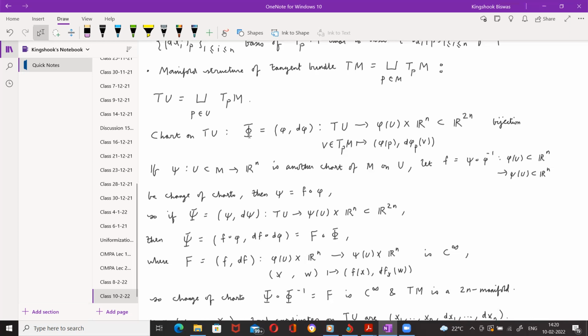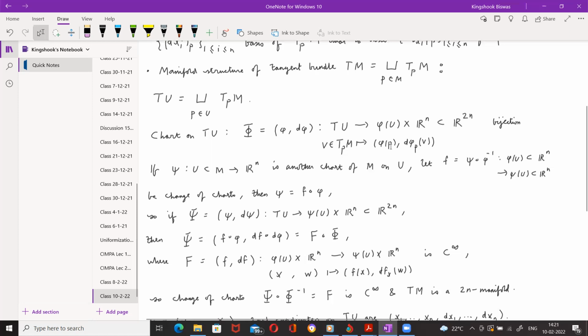So any vector V in TM belongs to some TPM, and P belongs to some chart U. So I have some chart little phi, which gives me a map capital Phi. Now, capital Phi maps TU to an open set in R2n. So what I will say is, I look at the image of V under capital Phi, that is phi P comma d phi P V. Now I take this point in R2n and I take an open neighborhood of it in R2n.